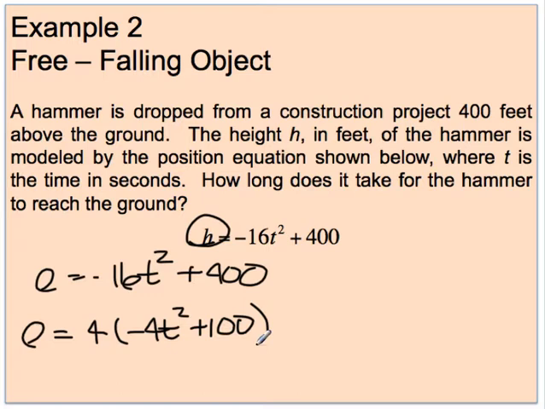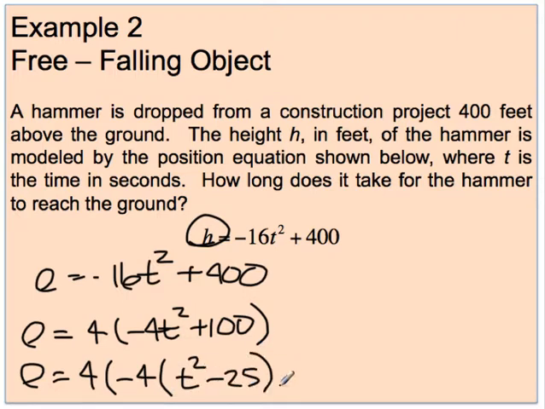Now it's a little bit more clear that I can take that second 4 out as well. And in fact, this time I'm going to take out a negative 4. So I have 0 equals that 4 times a negative 4 times positive t squared minus 25.